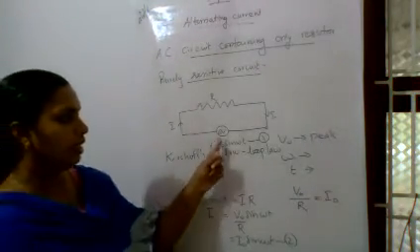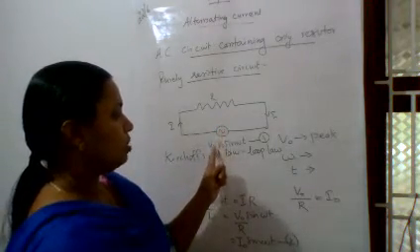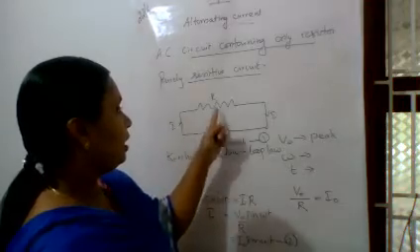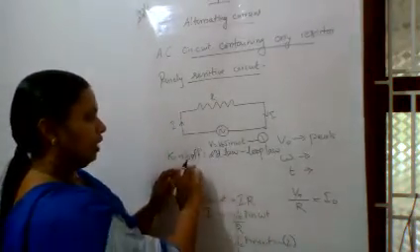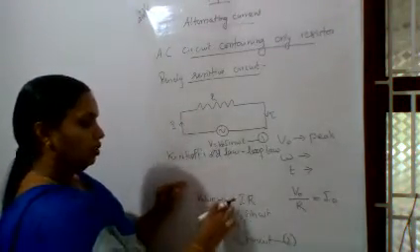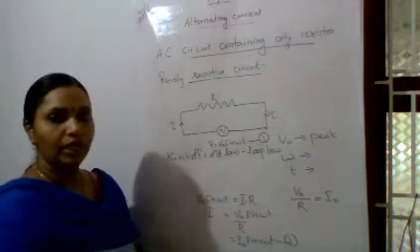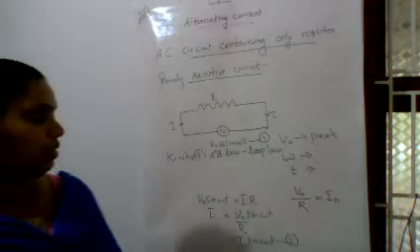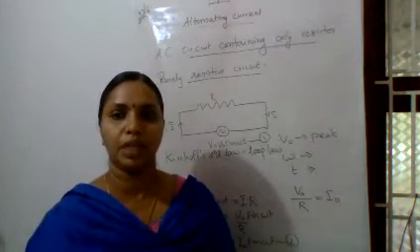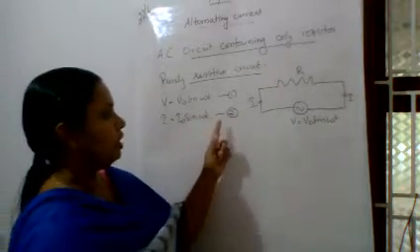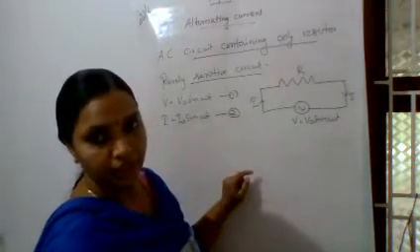Here we connected an AC source, V equal to V0 sin omega t is the applied potential, I is the current, and R is the resistance. We are just using this loop law here. So equation 1 is V equal to V0 sin omega t, and equation 2 is I equal to I0 sin omega t.